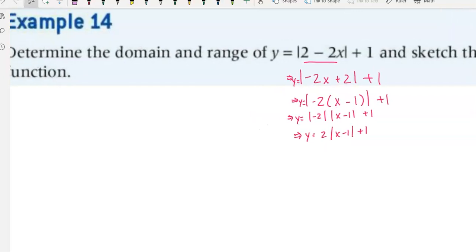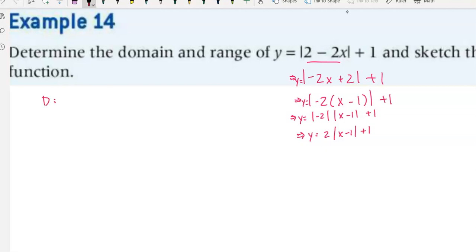But anyways, okay, so the domain of this, don't you love it when the domains are always going to be the same? x is an element of all real numbers, and then the range, y such that, and it went up 1, so y is going to be greater than or equal to 1, because it went up 1.